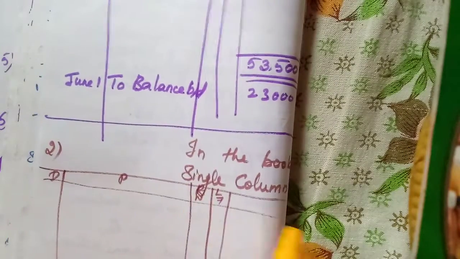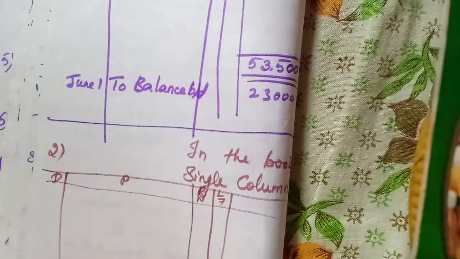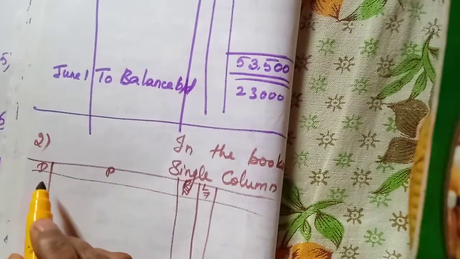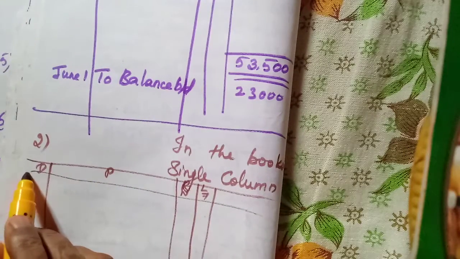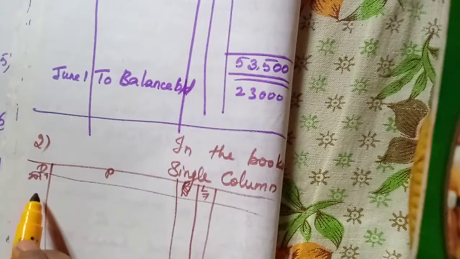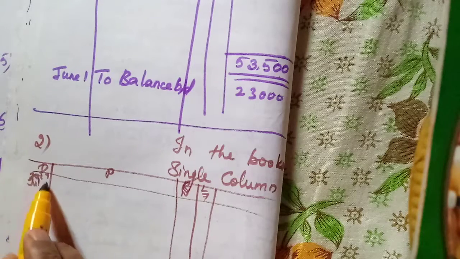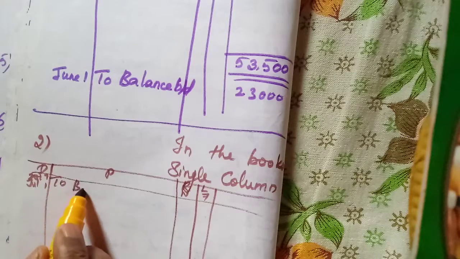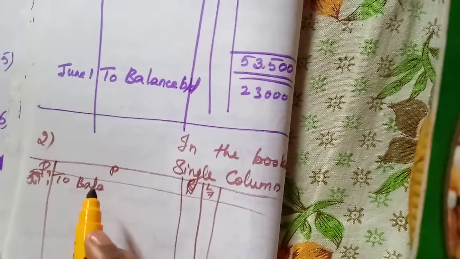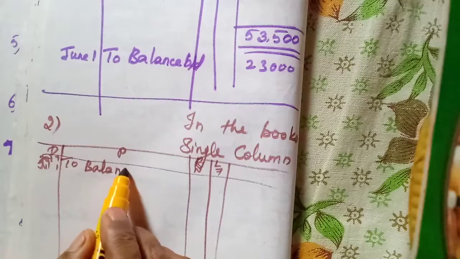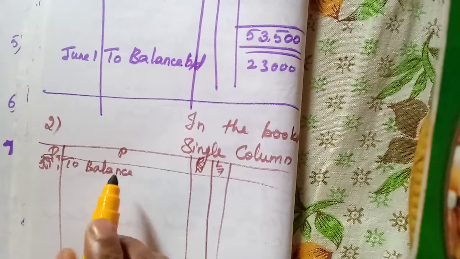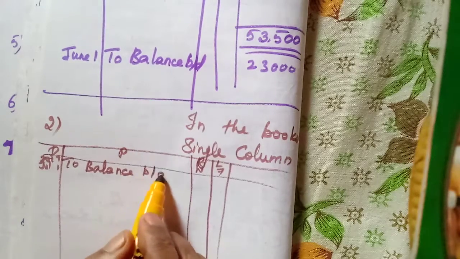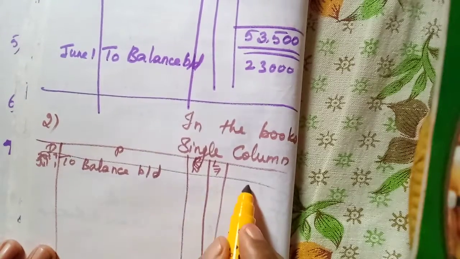So what is the first one? Cash in hand. So 2017 July 1, to balance brought down 32,000.